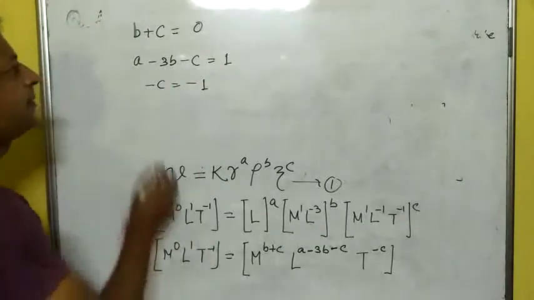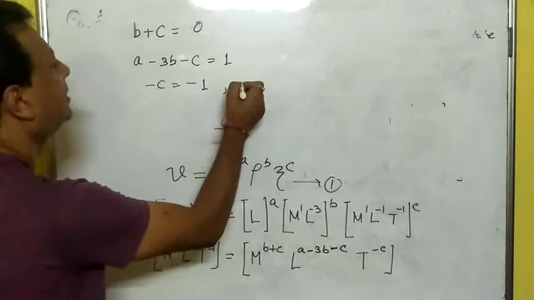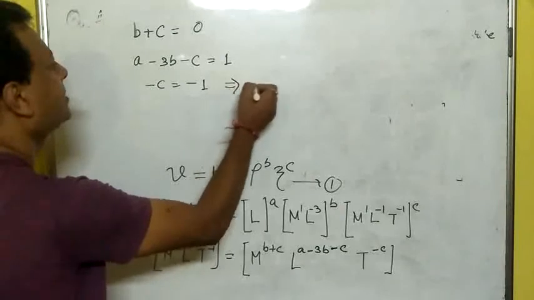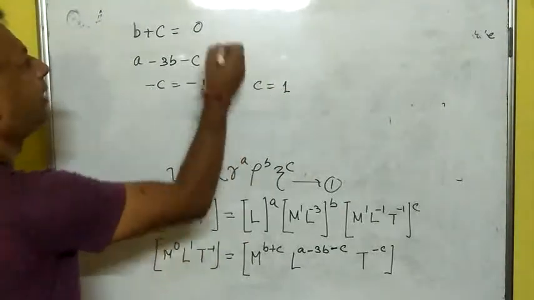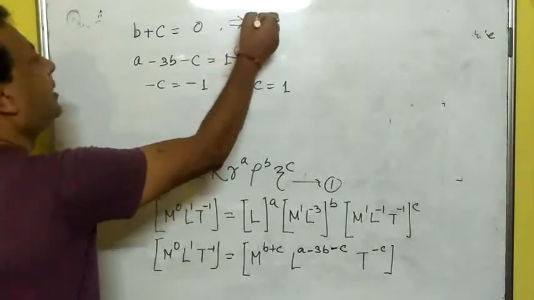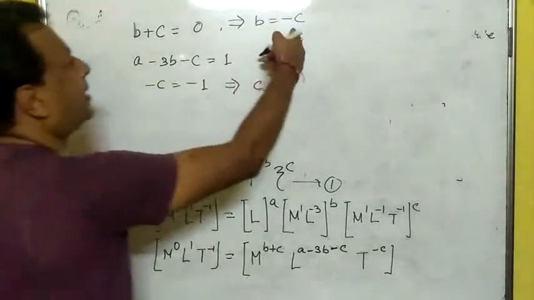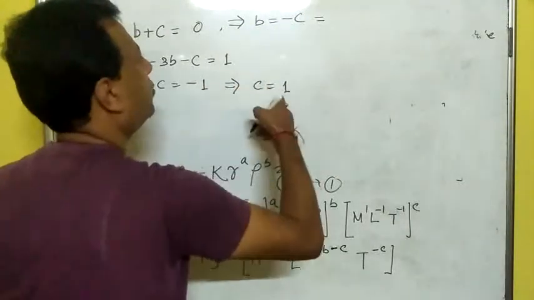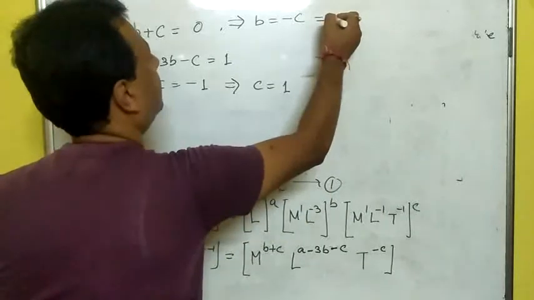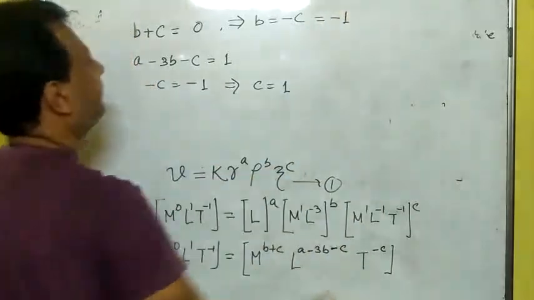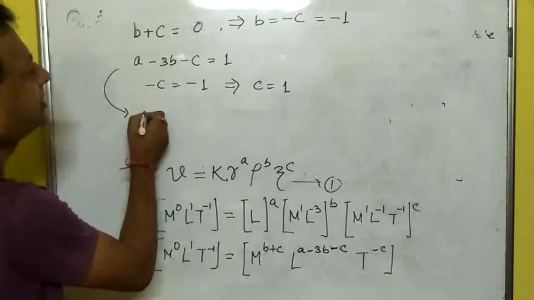From here clearly we can say that c equals 1. Now if c is equal to 1, then b is equal to minus c, so b is equal to minus 1.